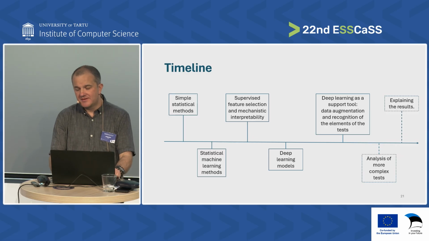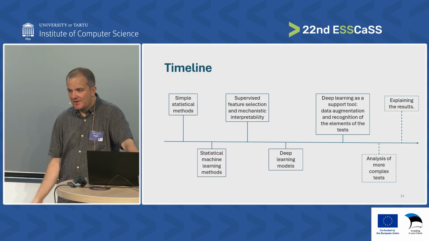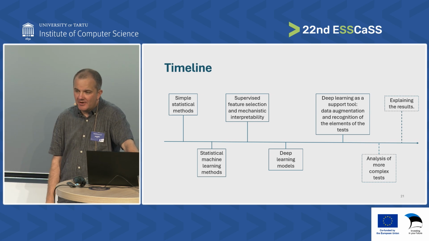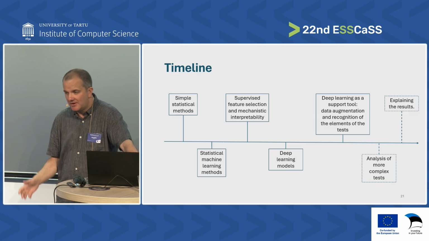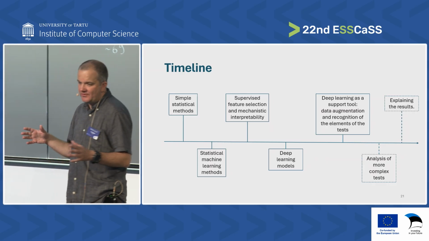So we adjusted the feature set with respect to the feedback of our medical colleagues, and then we got very nice models which in some sense may be treated as self-interpretable because they operate on a feature set of 3 to 5 features.